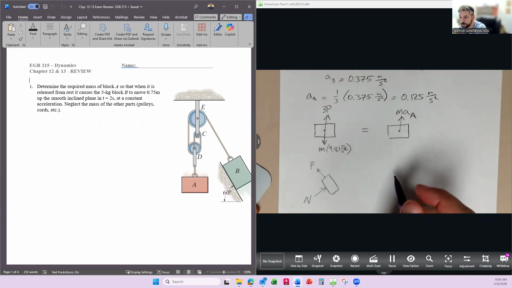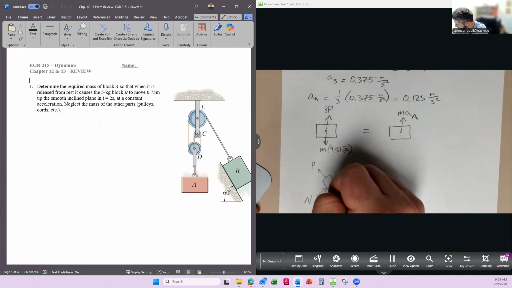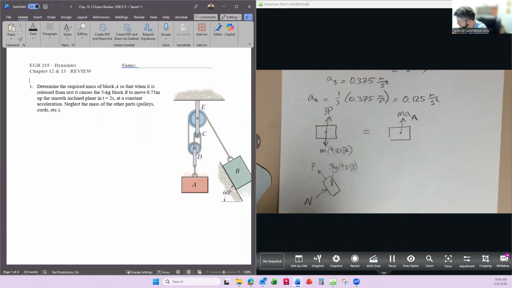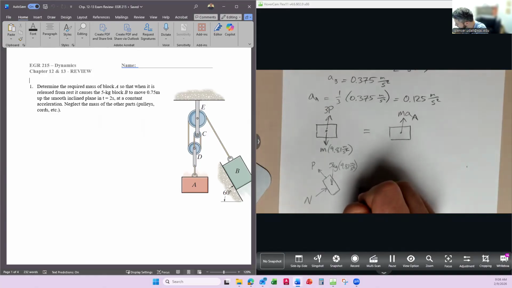And it does have an acceleration, but that will go on the other one. The mass times gravity would be 5 kilograms times 9.81 meters per second squared. So there's its weight. That's all the forces on that one.